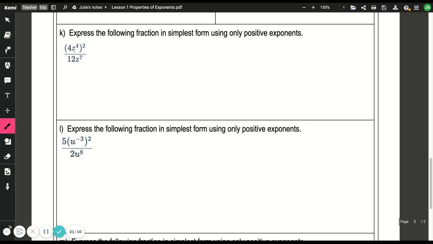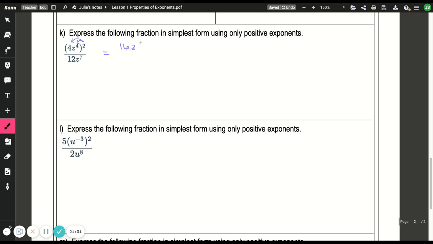Okay, so this first one has parentheses. I'm going to need to start out by distributing that exponent. So I get 4 squared is 16. And then z to the, I have a single variable with 2 exponents. So a power to a power, I multiply them.